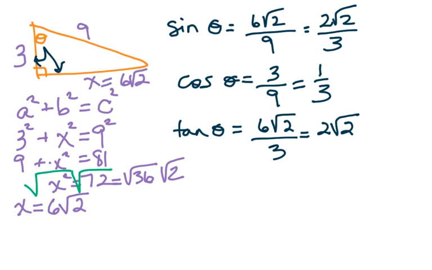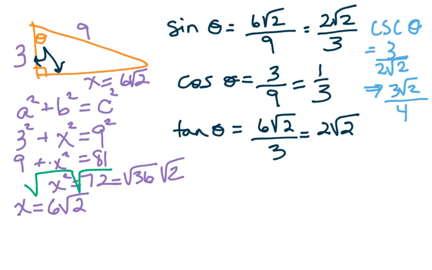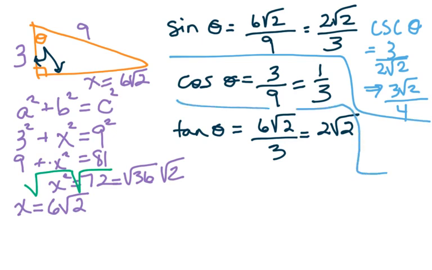The other three reciprocals, okay, are going to be cosecant of theta. You're going to do the reciprocal, which will be 3 over 2 root 2. You have to rationalize the 2, so that ends up becoming 3 radical 2 over 4. Then you'll do the next one, which is secant theta.